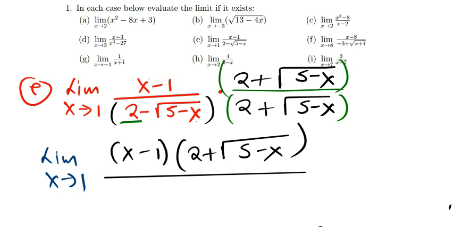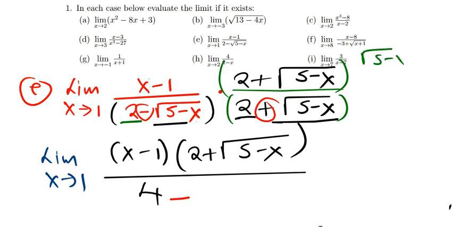But for the sake of what you need to do without wasting much of your time when you're multiplying by the conjugate, just get the like terms. 2 times 2 is 4. This times that, the sign will be a negative. Negative times positive is negative. Then square root, so root of 5 minus x multiplied by root of 5 minus x. The square root basically just disappears, right? So we remain with 5 minus x. Because you and I know that a square root is the same as power half.